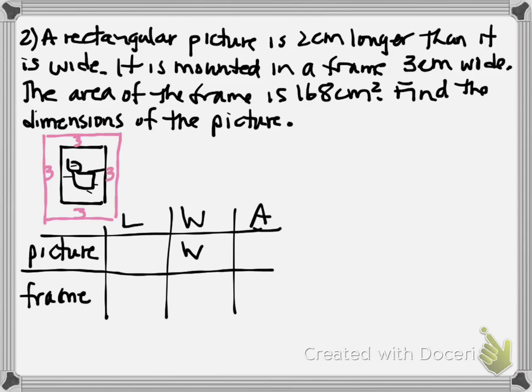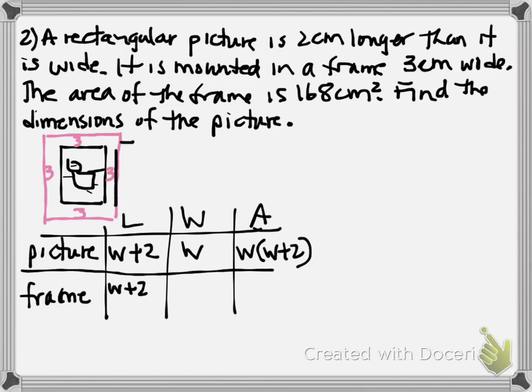How much longer is the length than the width? The length is 2. So the area of just the picture would be W times the quantity W plus 2. Now here's where it gets strange. If I want to go down the length, the pink edge of the length, I still have that black edge as part of it. In fact, that's this piece right here.